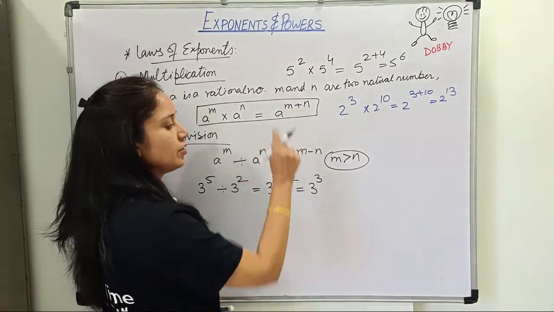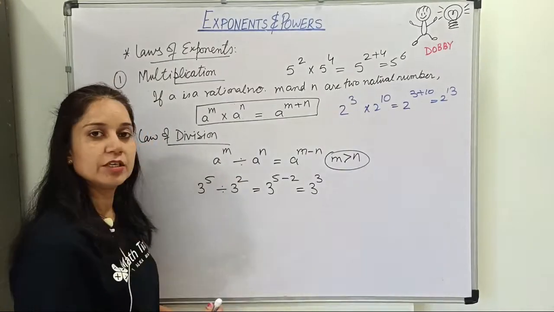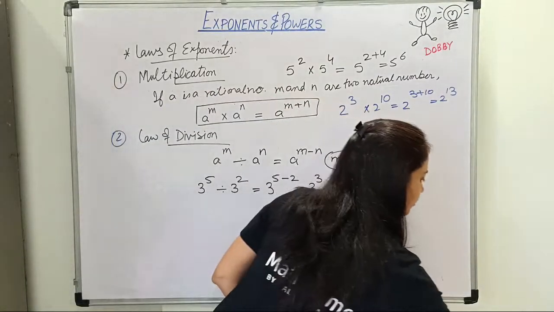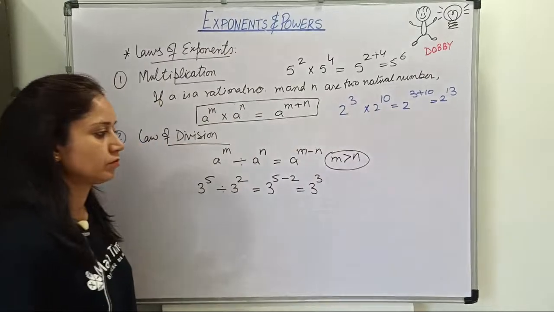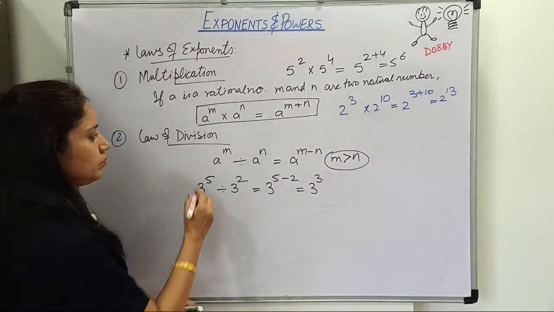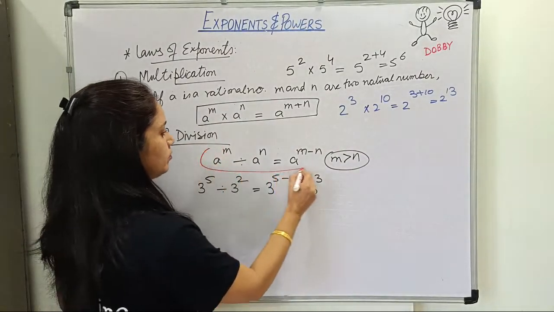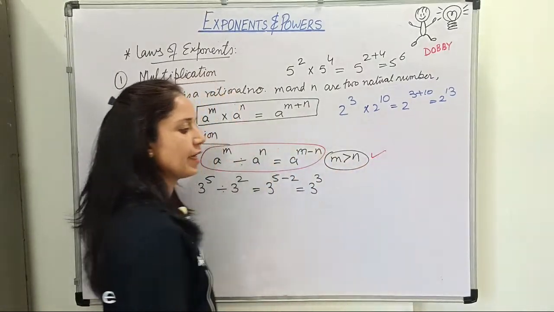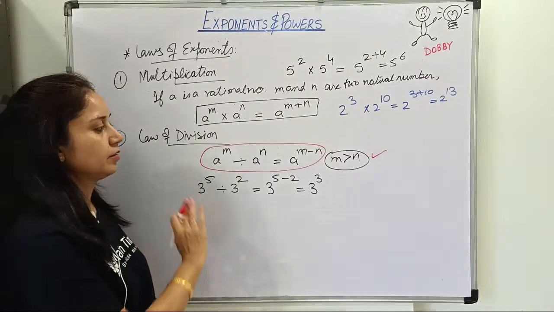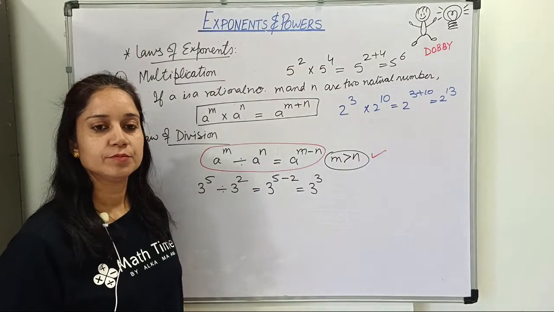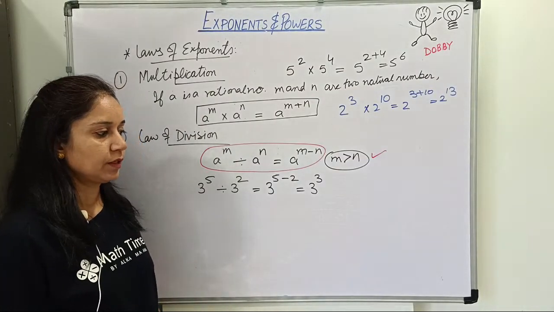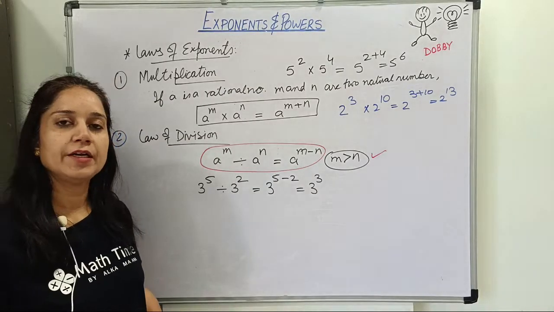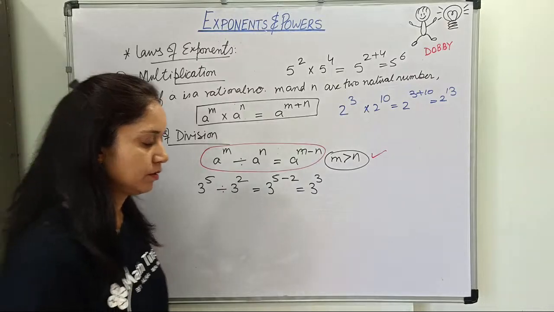In multiplication we add, in division we subtract. Note it down. This is the law for division, and M should be greater than N because when we subtract, the first number should be greater. Once you write, message me.